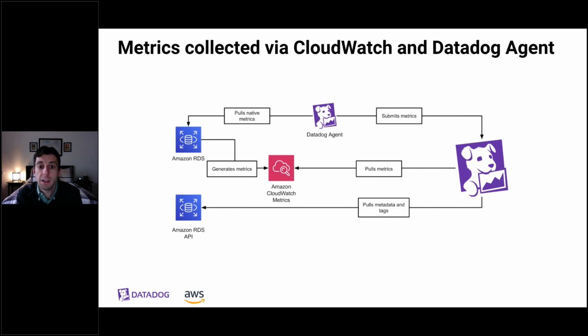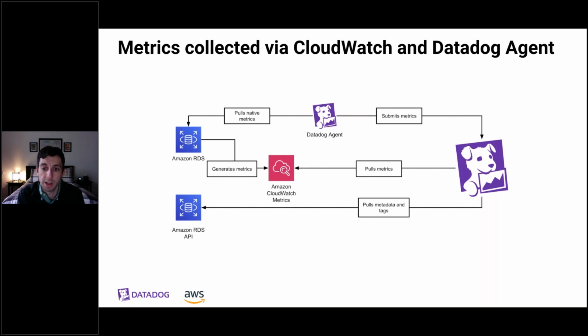So let me give a bit more of a deep dive into how Datadog integrates with RDS, and then we'll jump into the demo where you'll be able to see what this actually looks like in Datadog and what you can do with all this data that we're pulling. So what you're seeing here is just a basic architecture diagram showing how Datadog pulls in metric data as well as resource data from RDS.